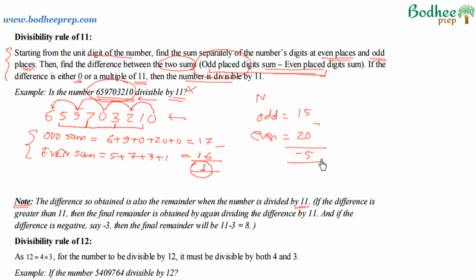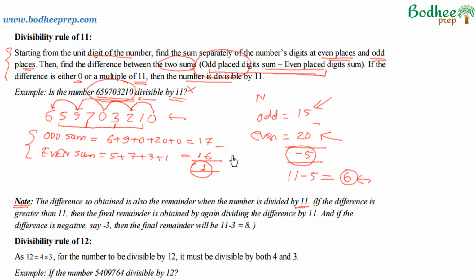But to get the remainder, we have to change from the negative remainder to a positive remainder, and for that we add this negative remainder to 11. So 6 will be the remainder in a case where the odd place digit sum is 15 and the even place digit sum is 20. This is how the divisibility rule of 11 works.